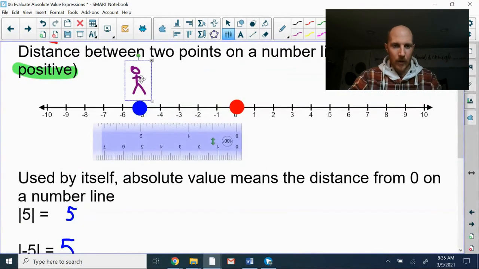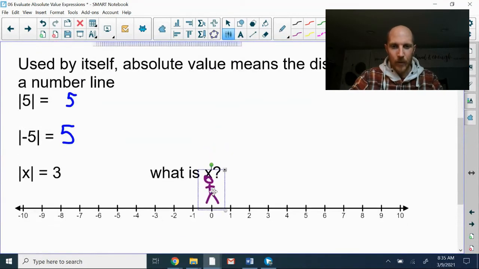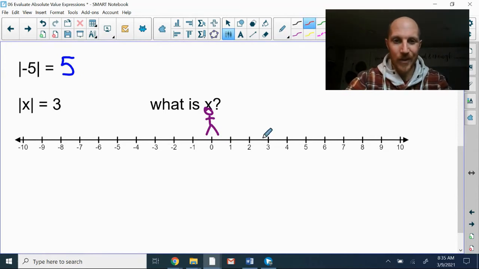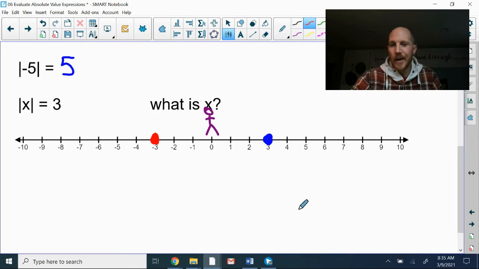So let's bring these things down here to help out. That means if my little graph walker was to start at 0 on the number line, we would go a distance of 3 spaces away, and that would tell us where our mystery number is. Right? So you could either go 3 spaces towards the right, or our little number line walker could go 3 spaces to the left. So there would be 2 possible answers.